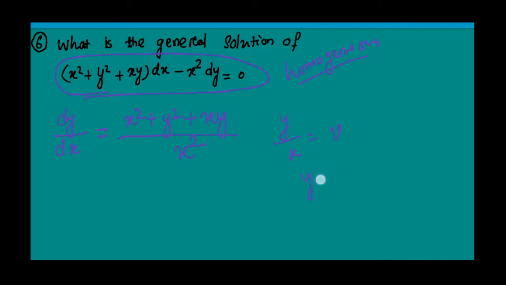So y will be equal to vx, and if we differentiate both sides, dy by dx will be equal to, here is the multiplication, so first is the differential of v into dx by dx plus x into dv by dx. So this will be v plus x dv by dx.